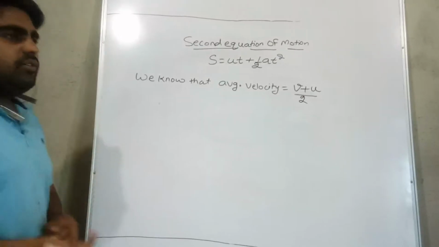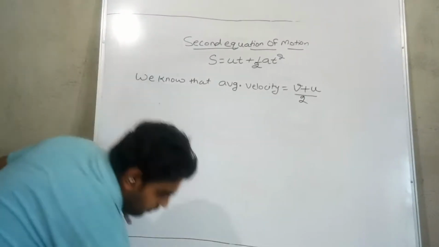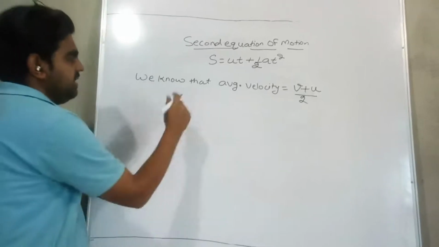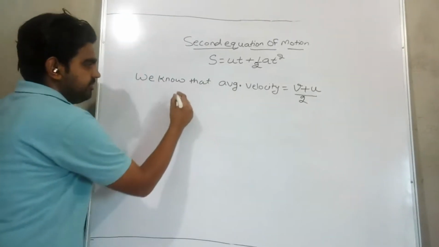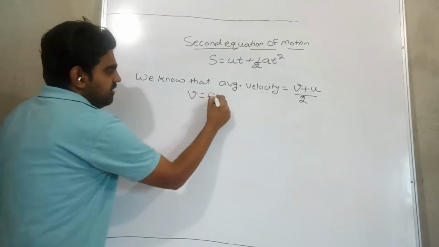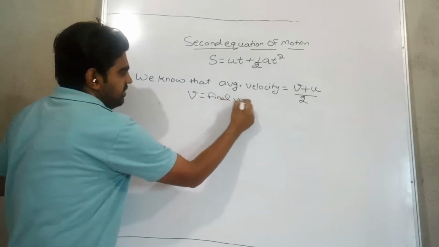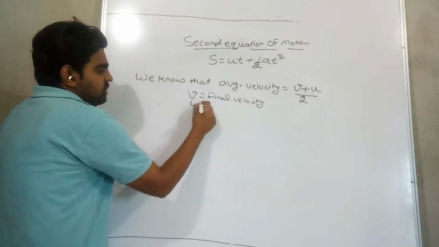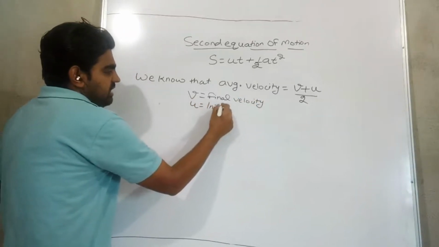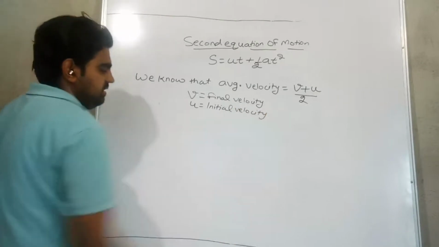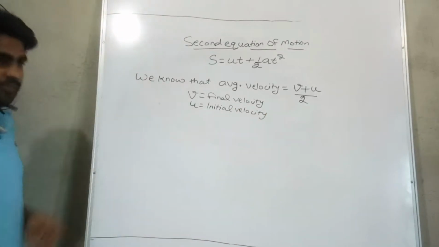Here v equals final velocity and u equals initial velocity. Clear?